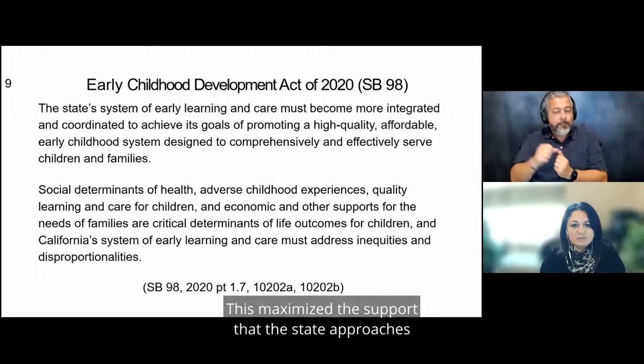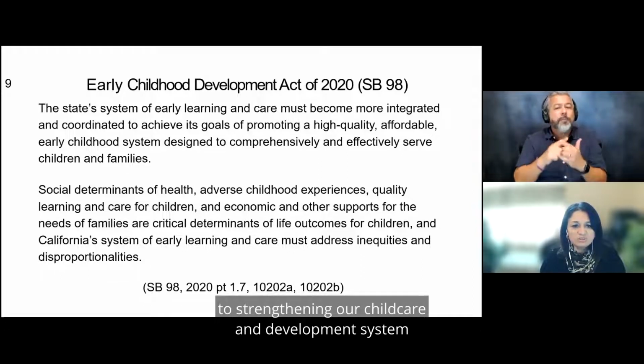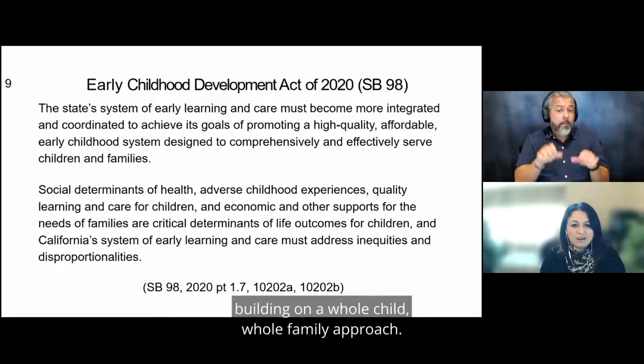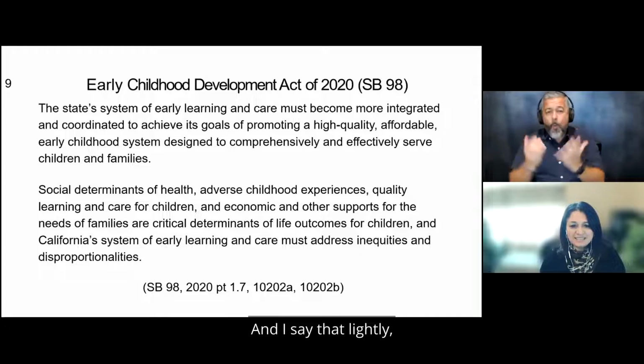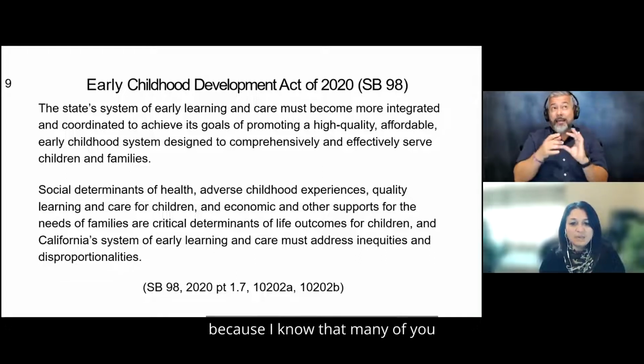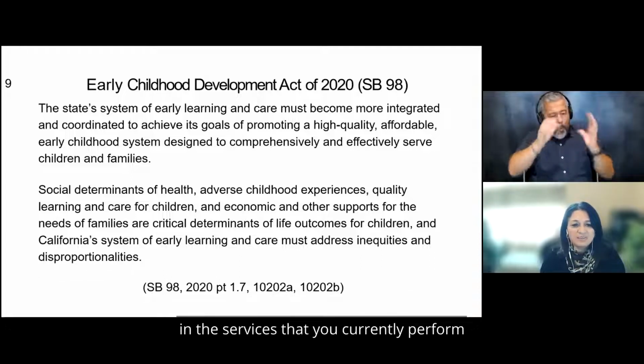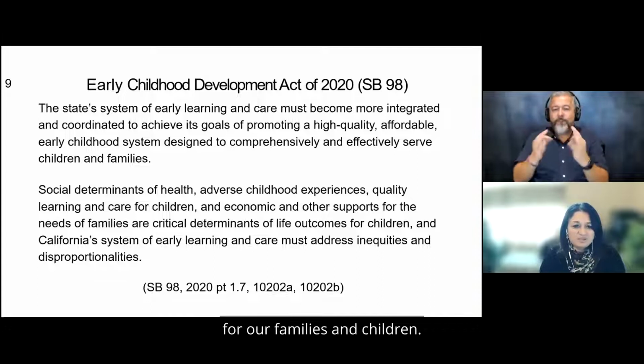This maximizes the supports that the state approaches to strengthening our child care and development system to a comprehensive, high quality, and affordable system, building on a whole child, whole family approach. And I say that lightly because I know that many of you already embody the whole child, whole family approach in the services that you currently perform for our families and children.